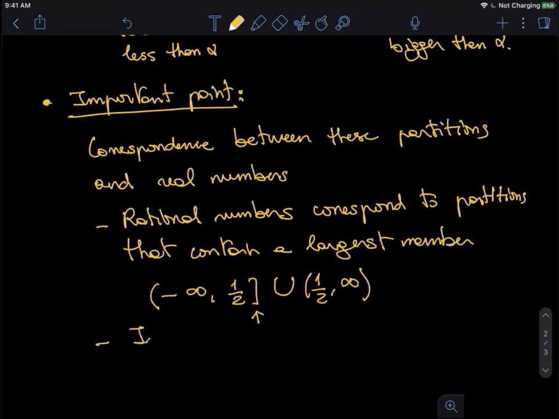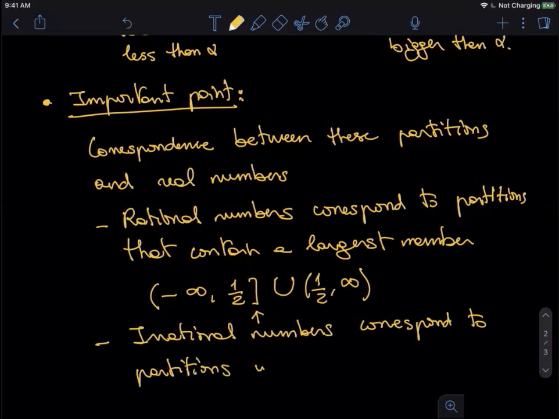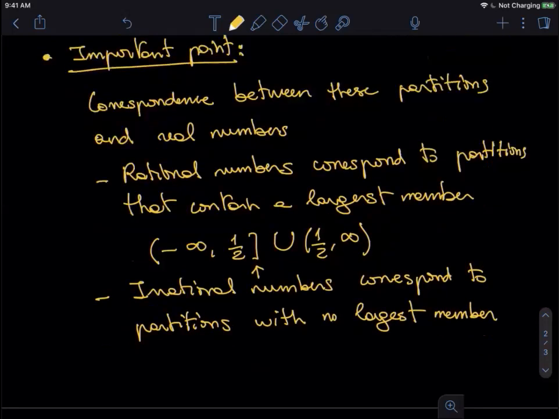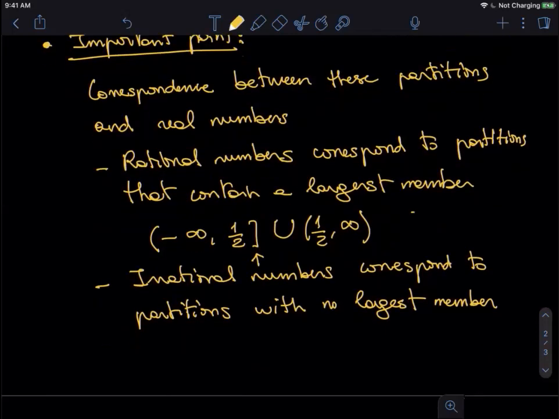And then the irrational numbers, okay, these ones correspond to partitions with no largest member, okay? So for example, if before we had 1/2, now we can look into, let's say, square root of 2, because we always say that one.